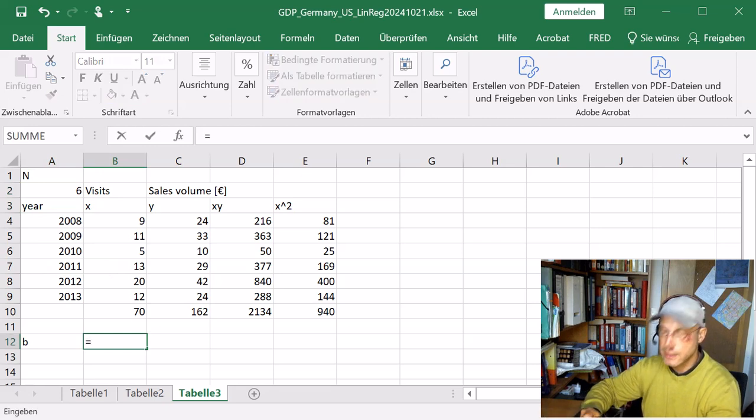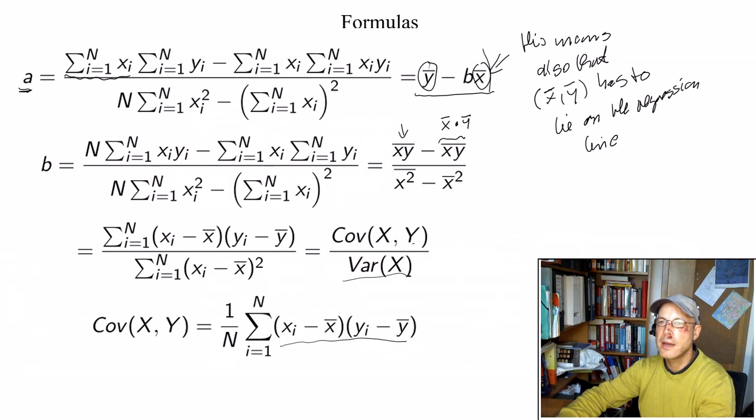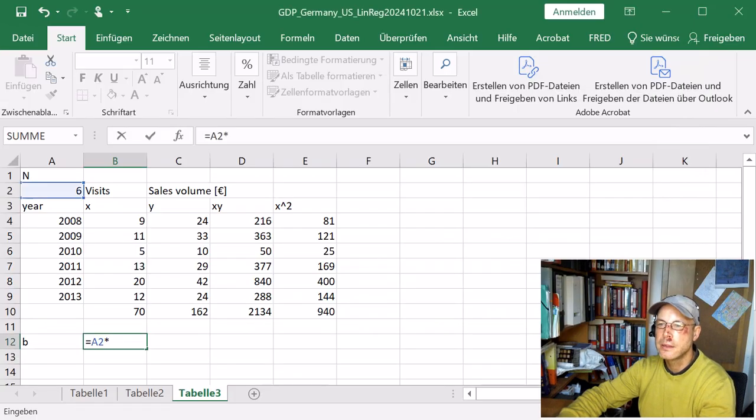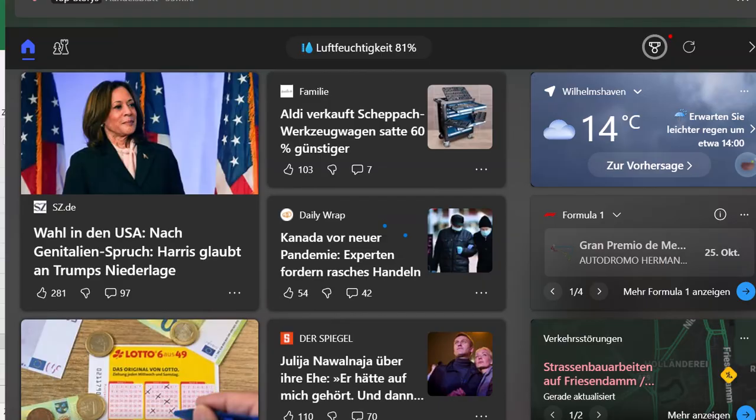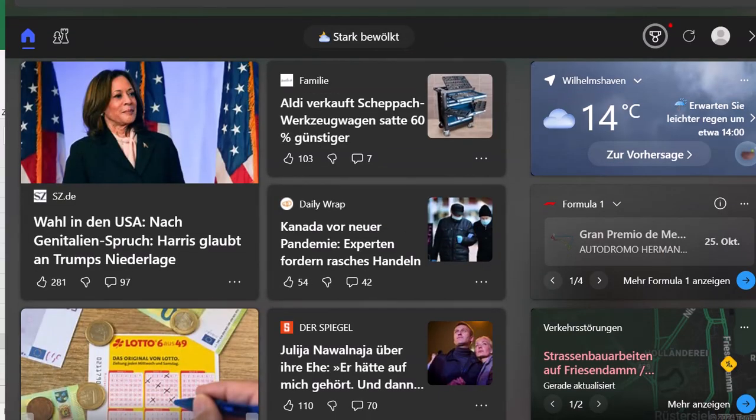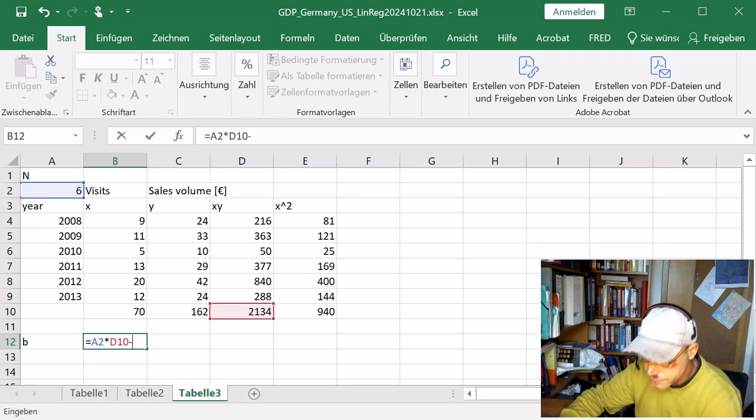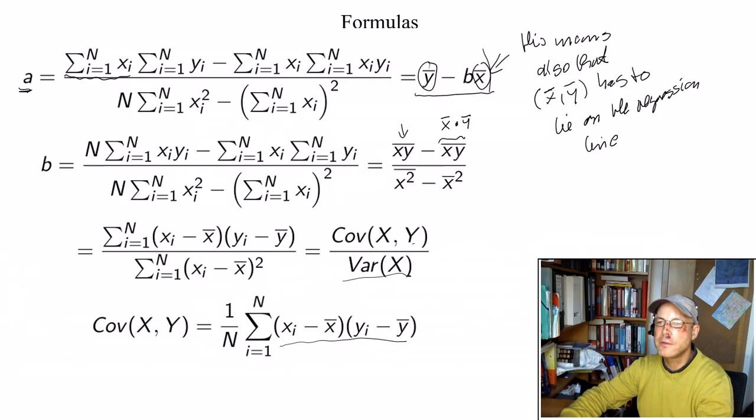So n, our 6, times, what did we have? Sum of x, y. So this would be our 2134 minus, oops, what happened there? Sum of x, sum of y.